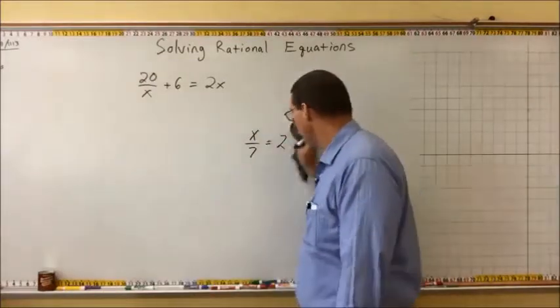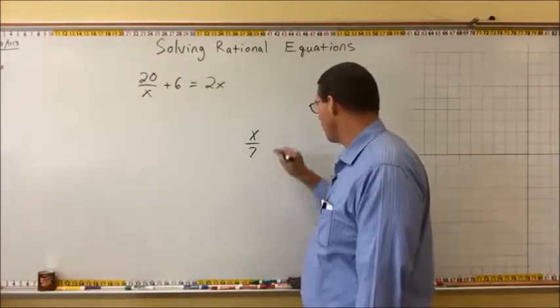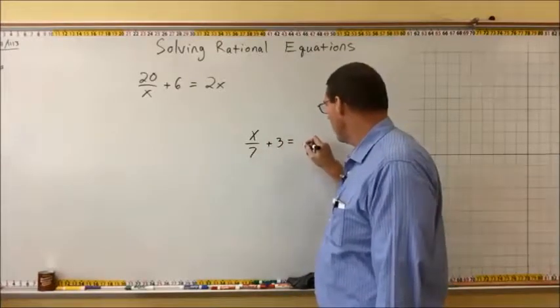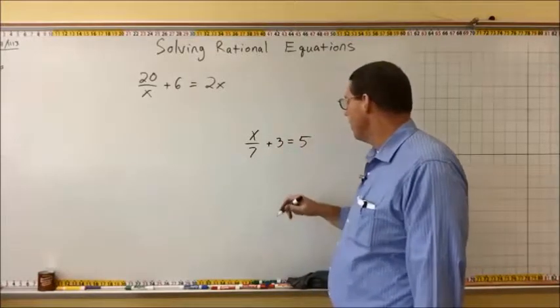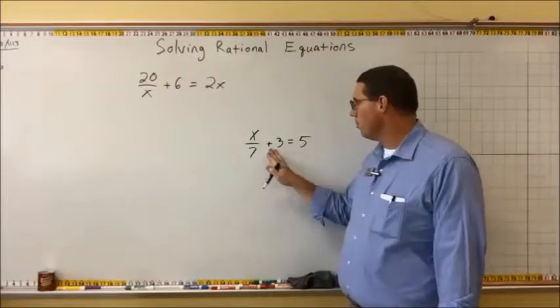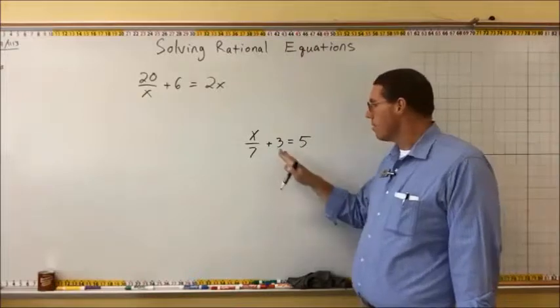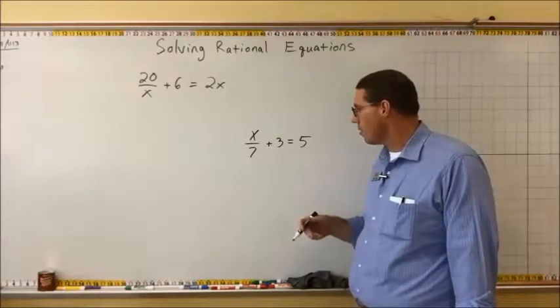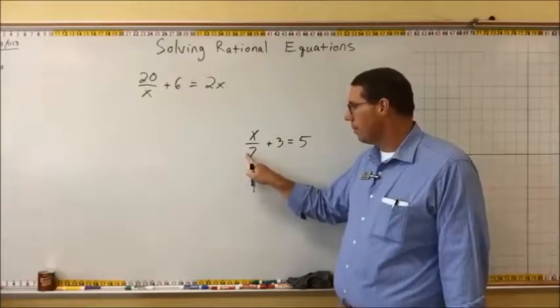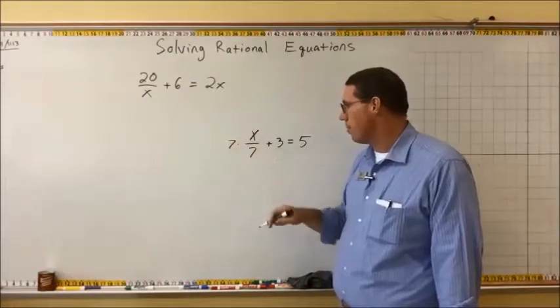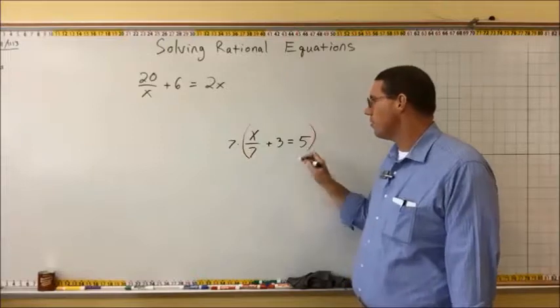In fact, let's say instead that this was x over 7 plus 3 equals 5. Normally, you'd probably subtract 3 on both sides, but what I want to show you is that you could actually cancel the denominator first by multiplying by the denominator, 7, all the way through the entire equation.